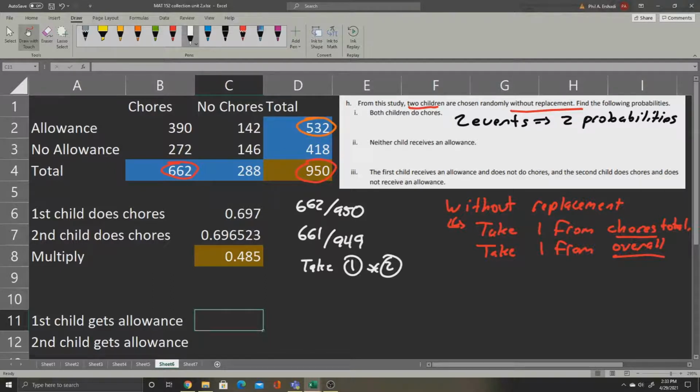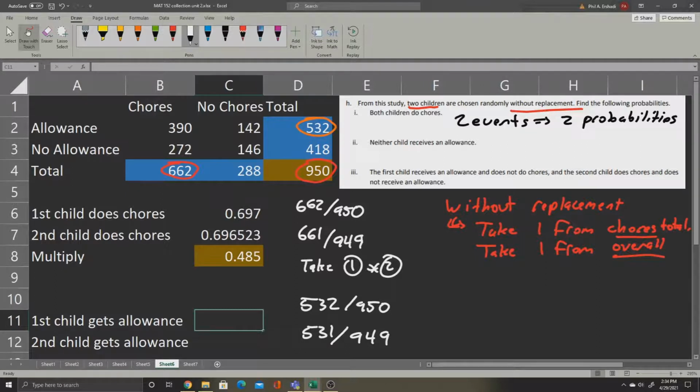So our first probability will be 532 divided by 950. Now for the second event, both of these categories are going to go down by 1, because we're going to take one away from the children who get allowance, giving us 531, and we're going to remove a child from the collection as well, giving us 949.